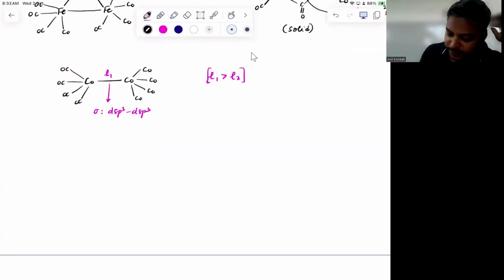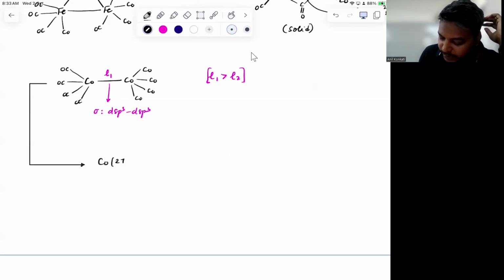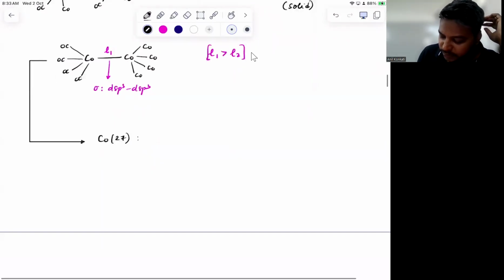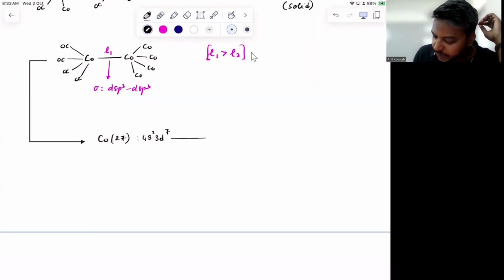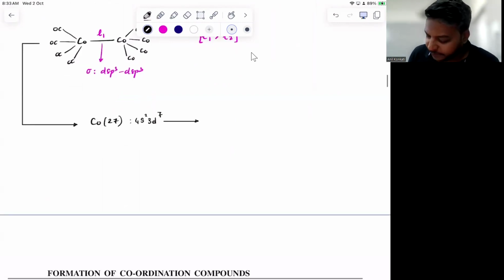Wait, let me show the analysis also. That's better because we can see orbital wise how it looks. We'll see that also. See, cobalt has 27 electrons, which makes it 4s2 and 3d7 originally. Okay. Now, what we are doing is we are pushing electrons towards 3d.